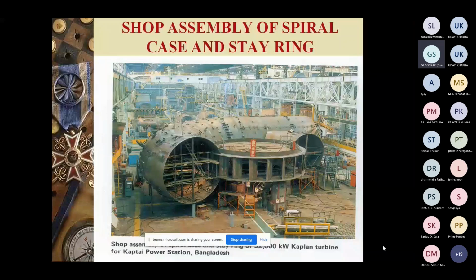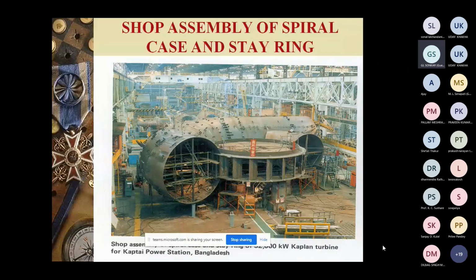Otherwise, while the water is traveling through the spiral casing, it may touch the internal surface of the spiral casing, and there may be some friction. You may even have some noises also. Whatever the intention, if you see any excursions of energy, that is complete losses.